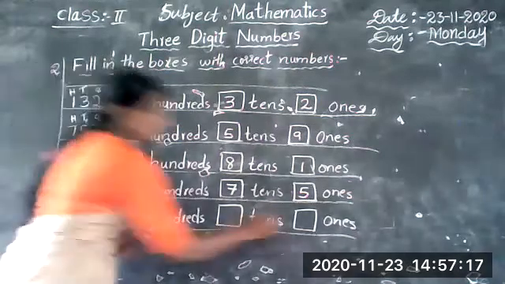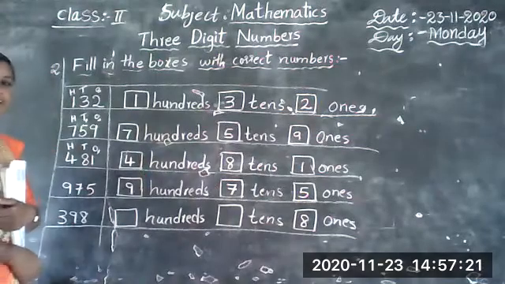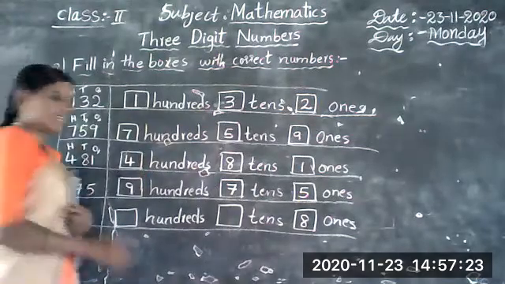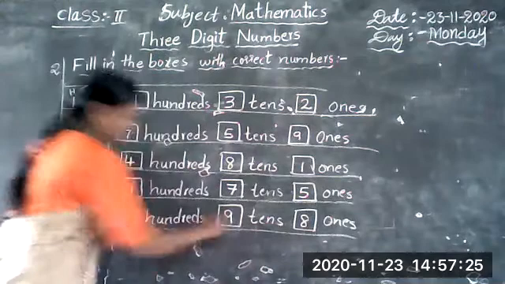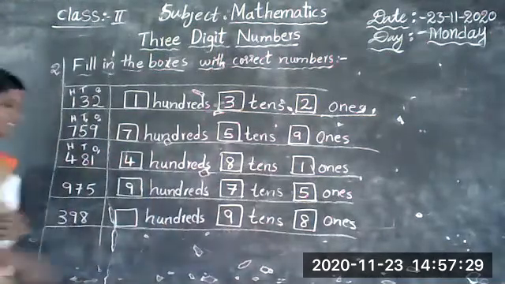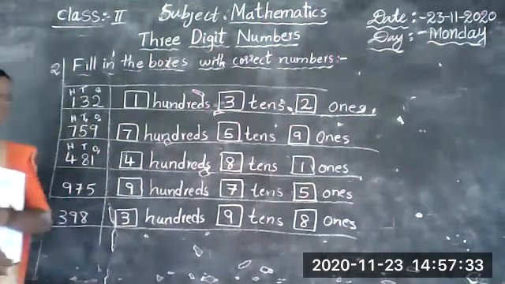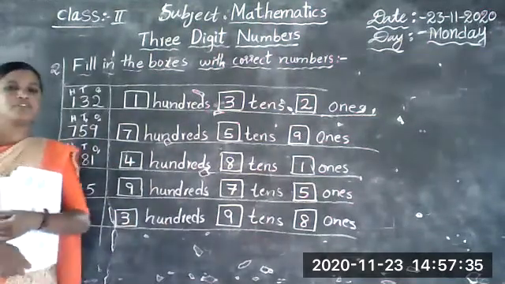Very good. 8 ones. How many tens are there? 9 tens. How many hundreds are there? 3 hundreds. Write in your textbook. Write neatly.